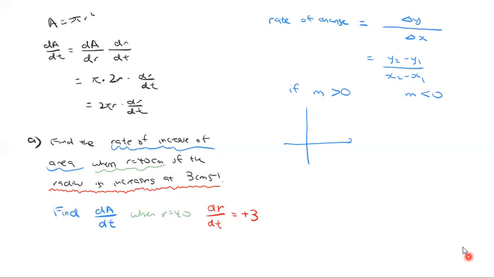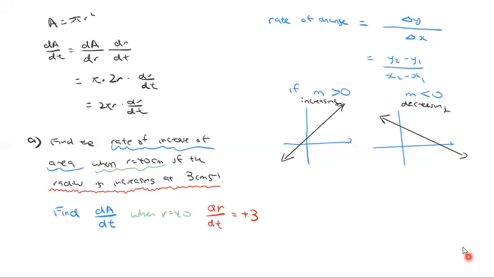And just think about it from a curve sketching point of view as well. What does it mean if the first derivative is positive? What does it mean if the first derivative is negative? If it's positive, it means it's increasing. And if it's negative? Decreasing.